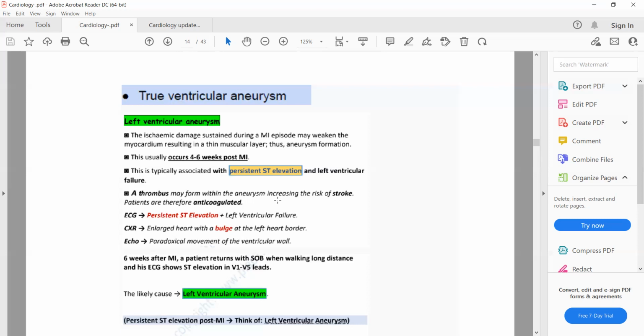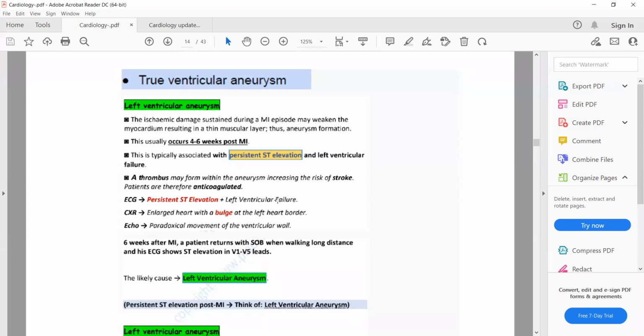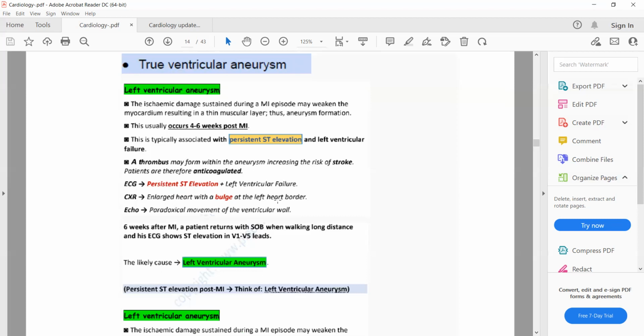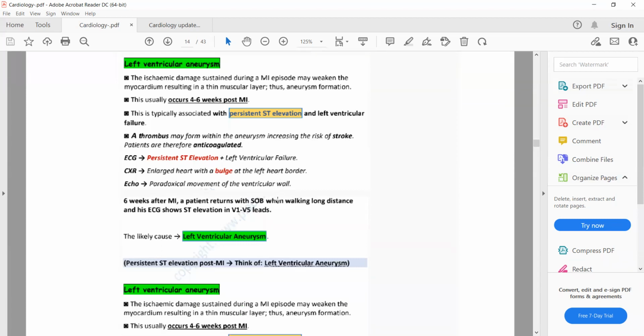It can travel to the blood vessels of the GIT, which can result in ischemic colitis or acute mesenteric ischemia. So the patient with ventricular aneurysm needs to be anticoagulated, prescribed warfarin or direct acting oral anticoagulants.